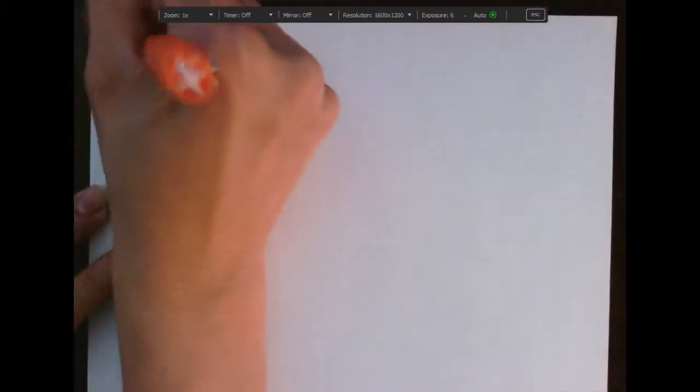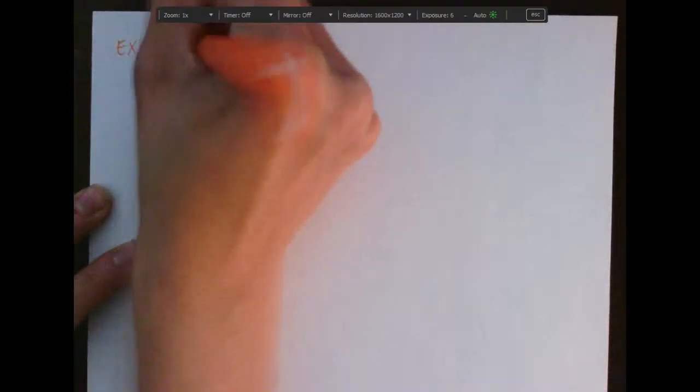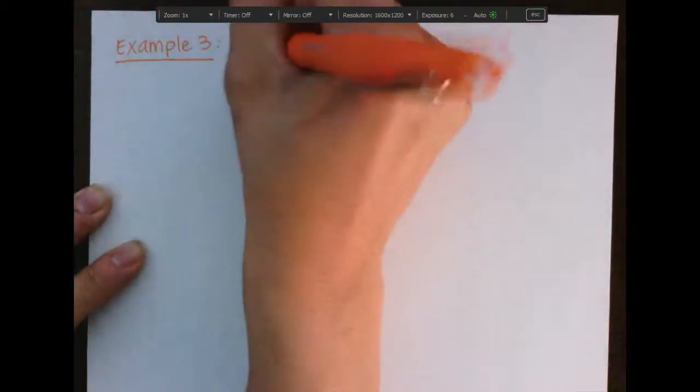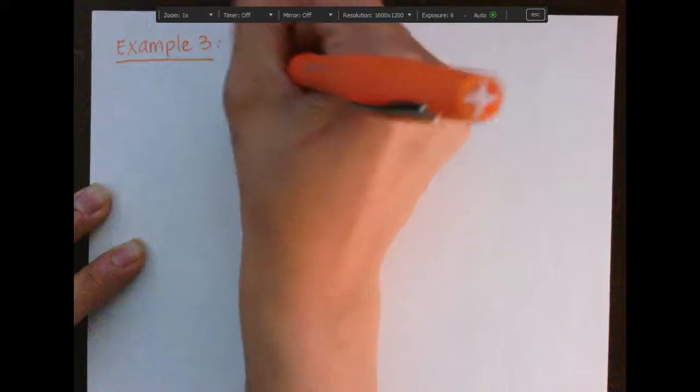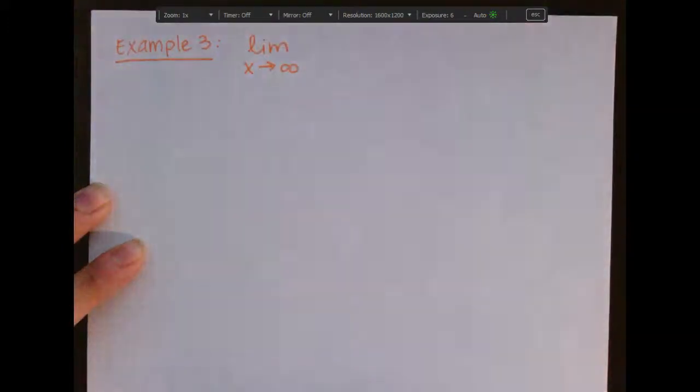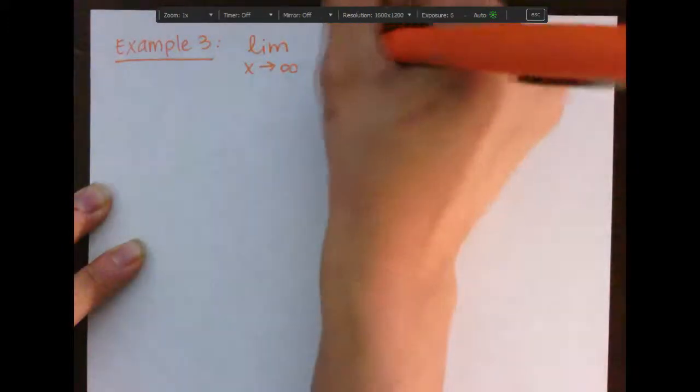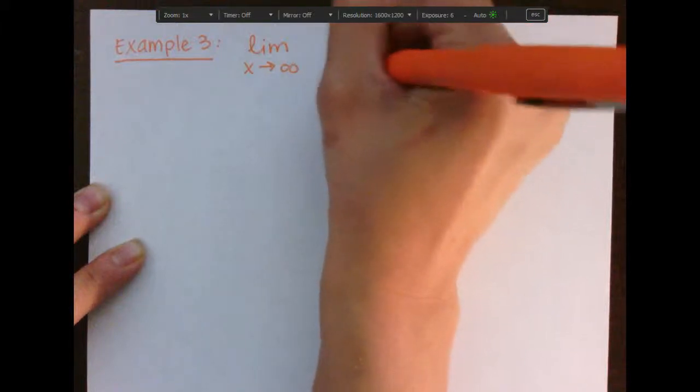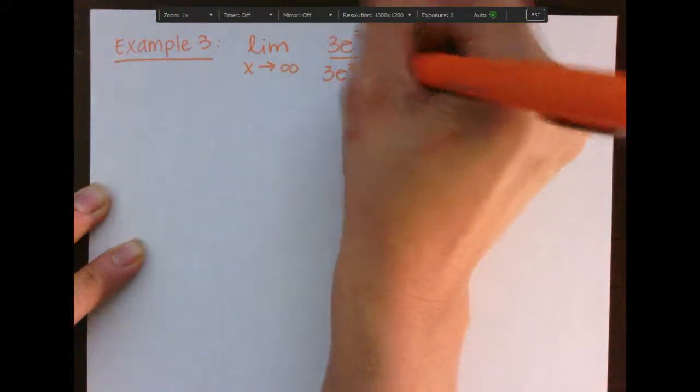All right, so next example. Let's find the limit as x approaches infinity of 3e to the 3x over 3e to the 3x plus 5.